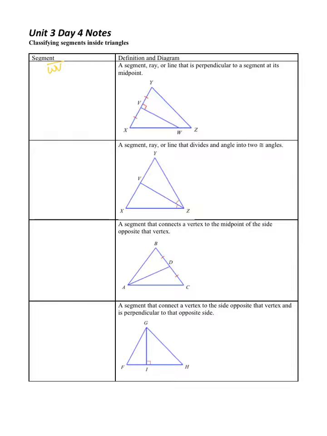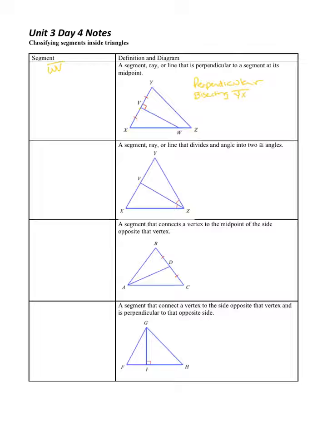Well, it's perpendicular because you have the right angle symbol, and if you'll notice, VY and XV are congruent. So this is also bisecting. It's bisecting YX.